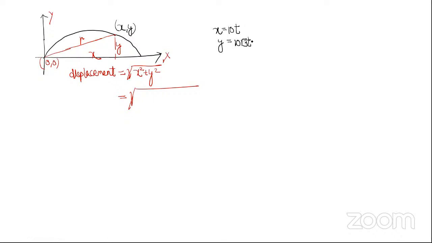So this is written as under root of 10t whole square plus 10 root 3t minus 5t square whole square. Leave it like that. I hope all of you understood this.